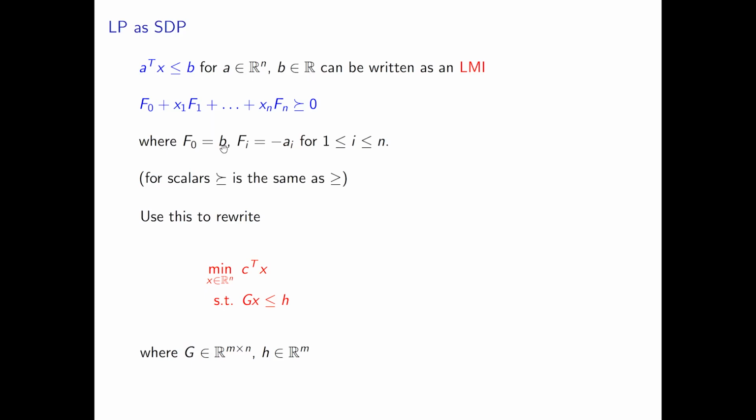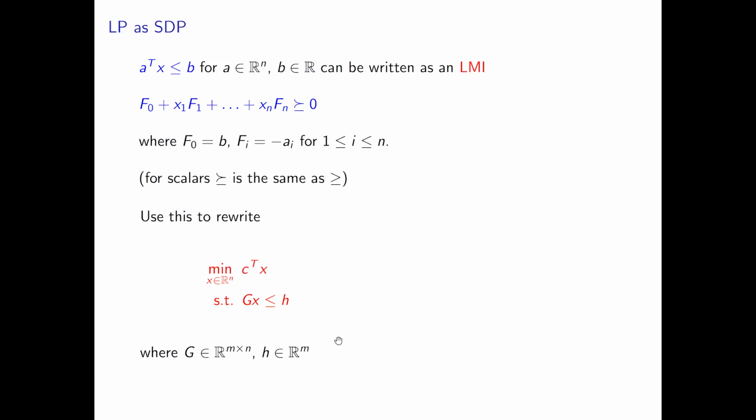So f0 is just a scalar. Fi I take to be a sub i, that is the ith entry of the vector a. So these are just scalars, and I think of this A transpose x less than or equal to b as basically b minus a1 x1 minus a2 x2 and so on bigger than or equal to 0, and that's a linear matrix inequality. So I can just write a linear program using this.